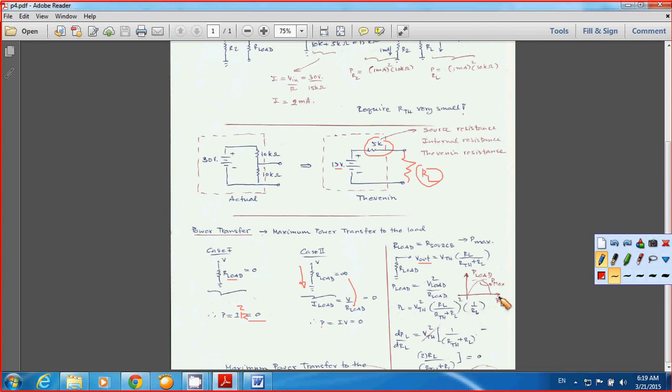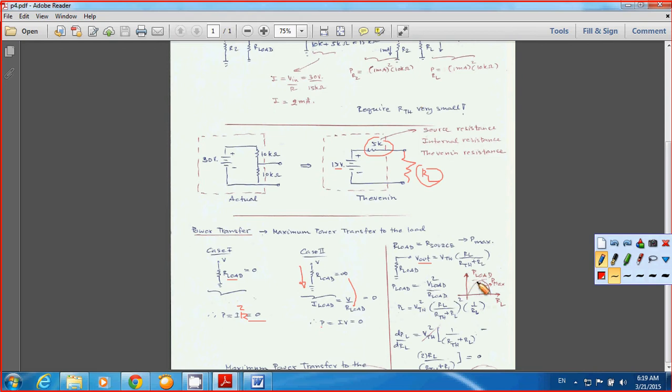And then from the plot, from the P and R relation or PR curve, on the x-axis is the RL and the y-axis is the P load.